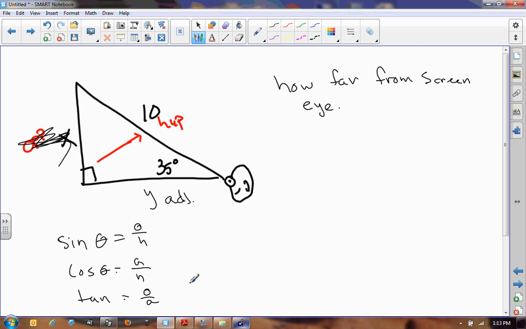All right, so let's see. We know a hypotenuse and adjacent, so I got to use that one. I could have used OA since I do know that's 5.7, but let's just assume we only know the hypotenuse. You want to know 2 out of 3 things. This cosine is going to give me 2 out of 3 things. So you're starting out with cosine of theta is A over H.